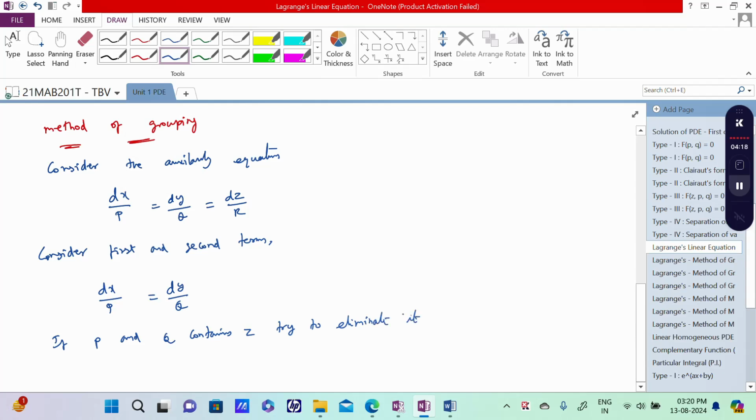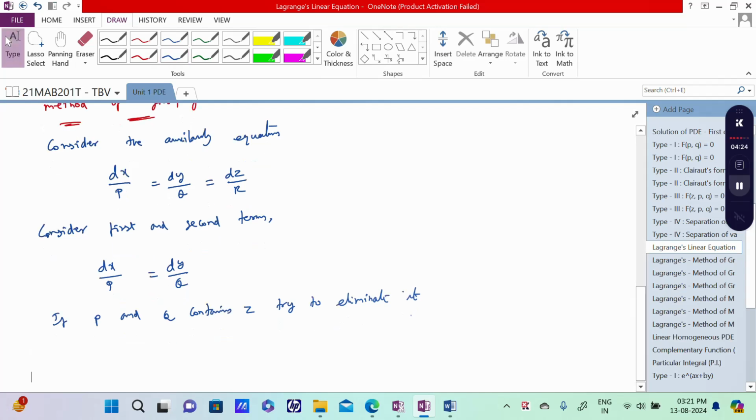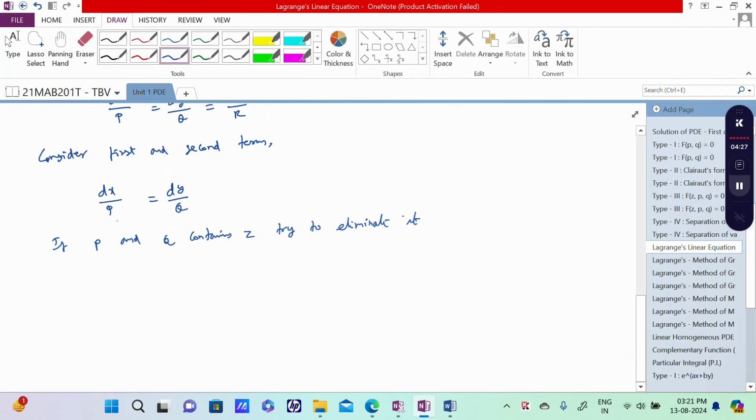Now, with direct integration, it gives u of x, y equal to some constant.